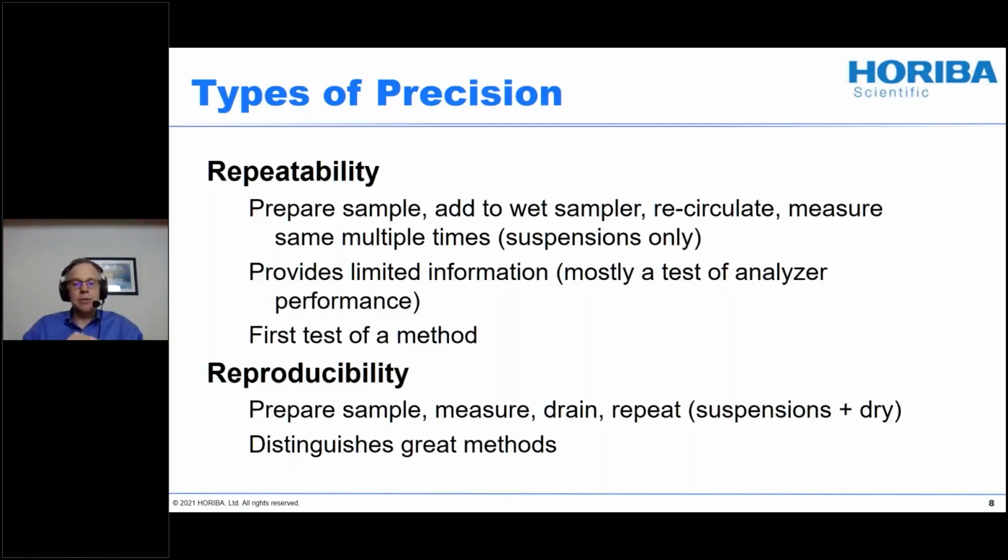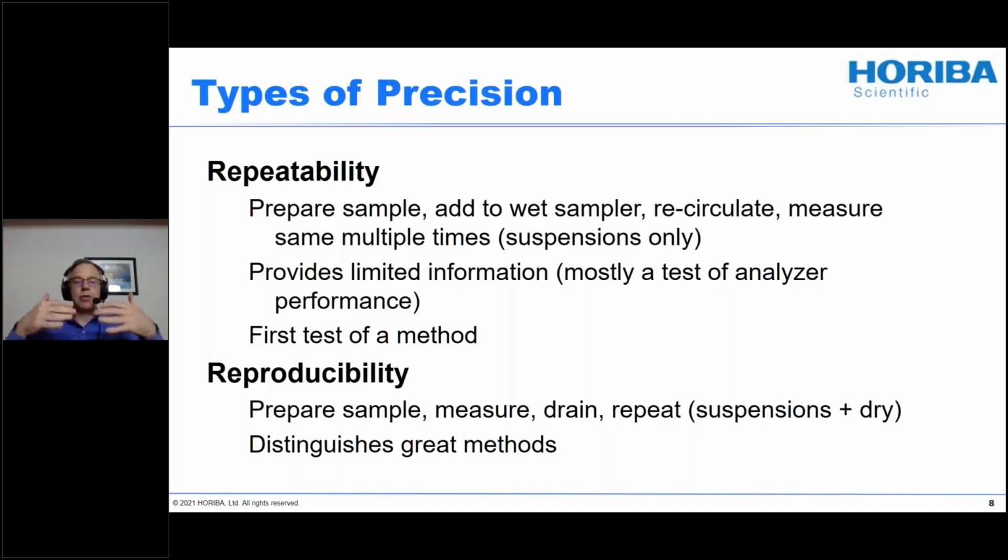The next step up is reproducibility. Can I load a sample into my system, make a measurement, dispose of the sample, clean everything out, and start from scratch again with a fresh sample from the same manufacturing lot? Do you get the same number? Well, here you have other questions of sampling, of any sort of sample prep you do before adding it to the analyzer.